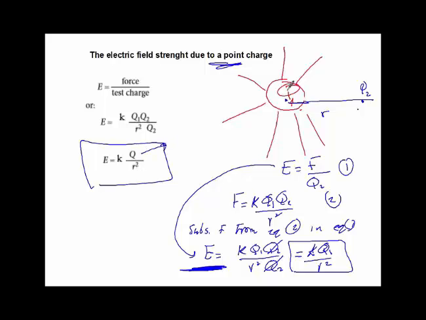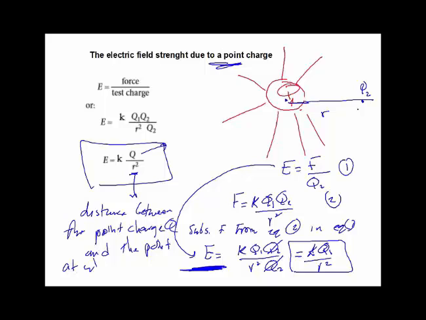Q is the charge which is causing the electric field, and R is the distance between the point charge Q and the point at which we are calculating E. So if we are calculating E at this point, R is from the point to here, the charge which is causing the electric field.